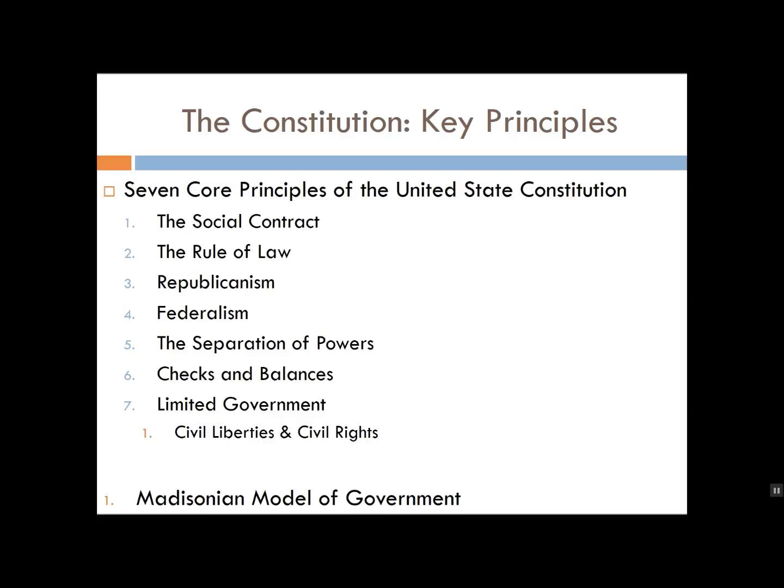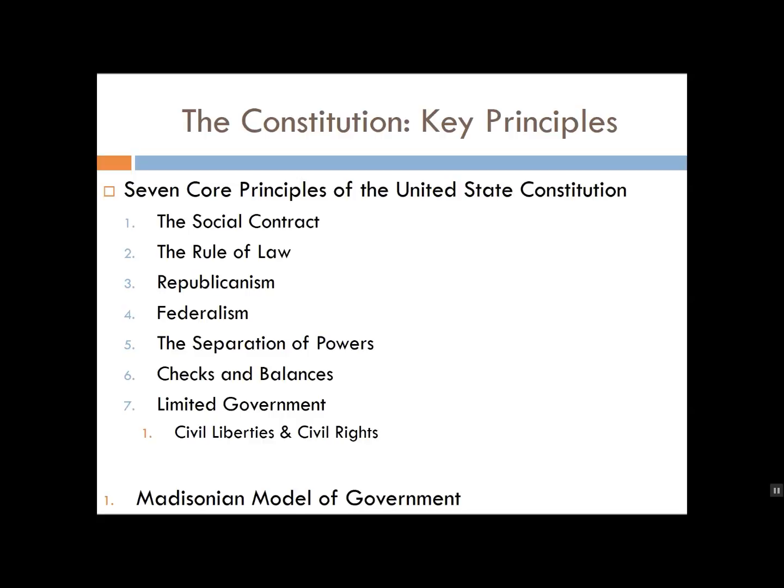Republican governments, it should be noted, also tend to have constitutional limits and guidelines on the power of these elected representatives to help protect minorities from a tyranny of the majority. We don't want to exclude the people altogether, because if we did exclude the people, then they could be oppressed.